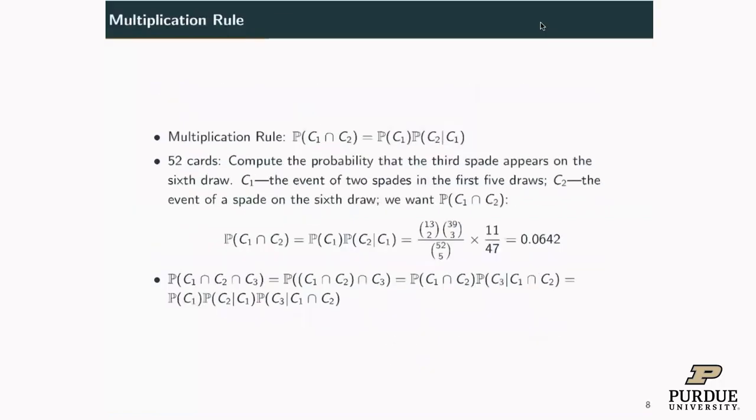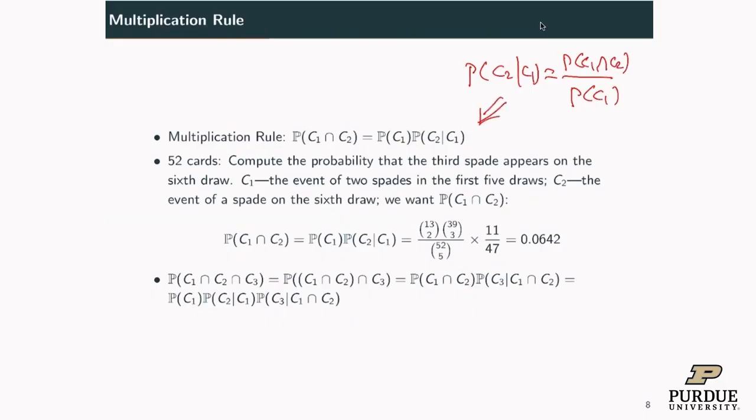Based on the definition of conditional probability, we can define something called the multiplication rule. This is a useful rule. It calculates the probability of C1 intersection C2: probability C1 times probability C2 given C1. This is based on the definition, equal to probability C1 intersection C2 over probability C1.